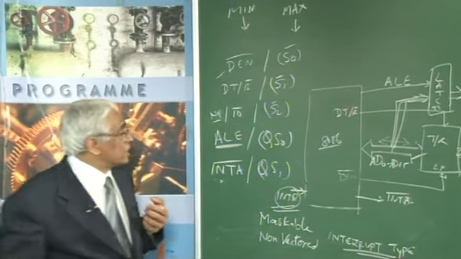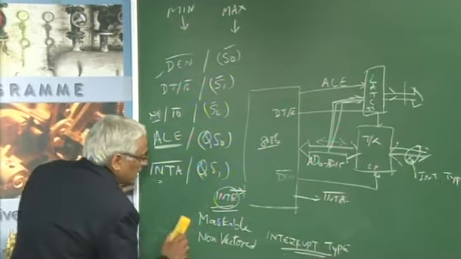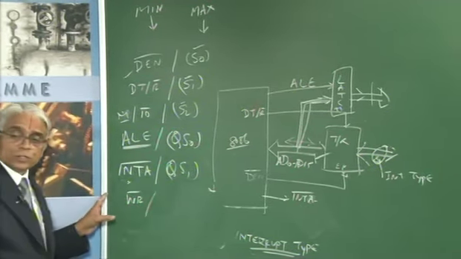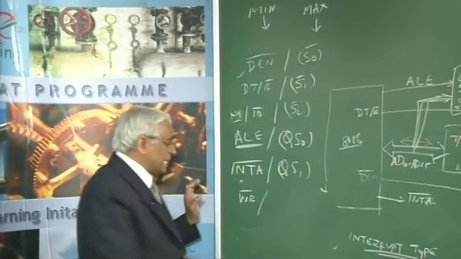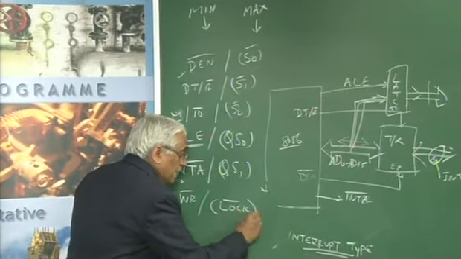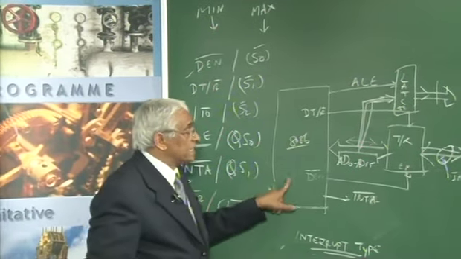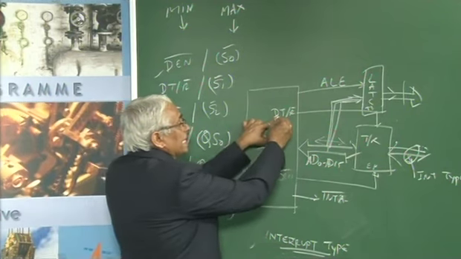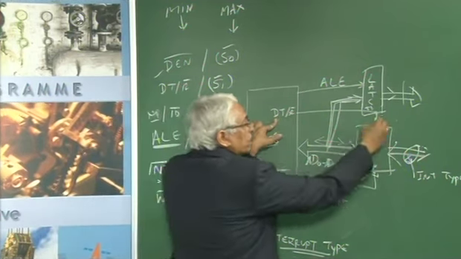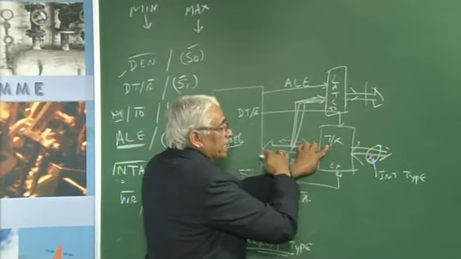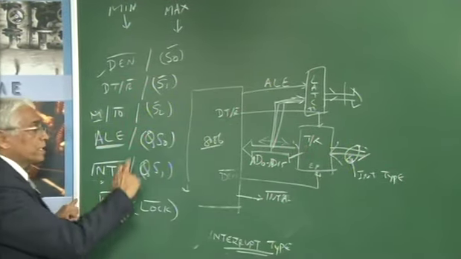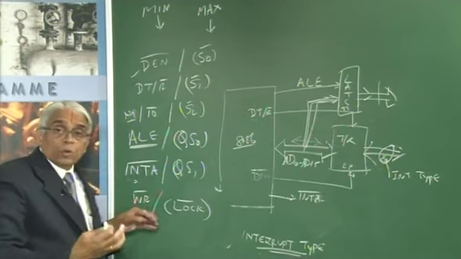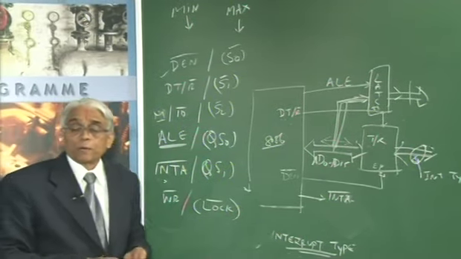Now, we have the next one called the write bar signal. The write bar signal is used by the microprocessor to tell the external world that it is writing data. Whenever the 8086 writes data, DT/R bar becomes high, telling the chip that data is going to be written, and write bar is made low to tell the external world to read the data being sent by the microprocessor.